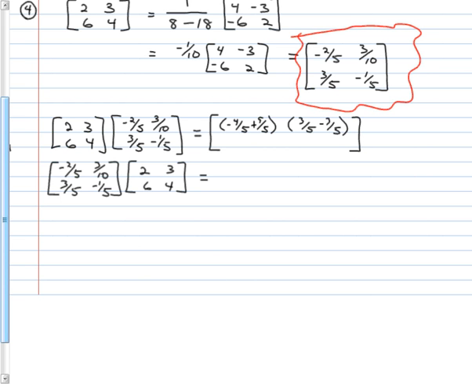Second row, let's see, negative 12 fifths, second numbers plus 12 fifths. Things seem to be working well so far. 6 and 3, 18 tenths, that'd be 9 fifths. And second number is negative 4 fifths.